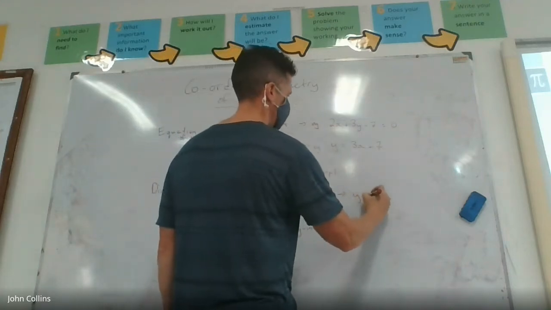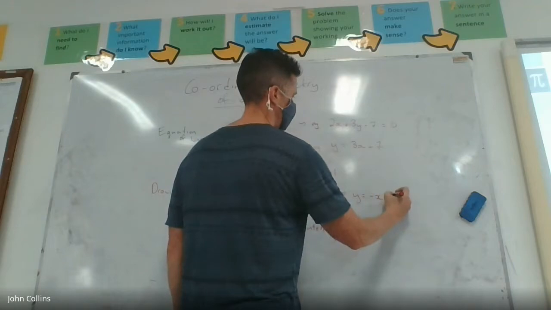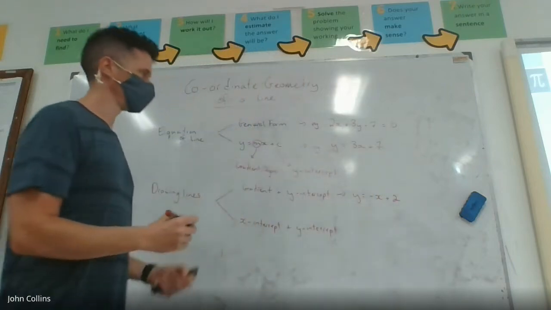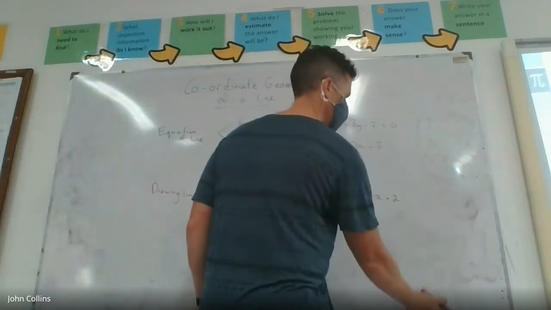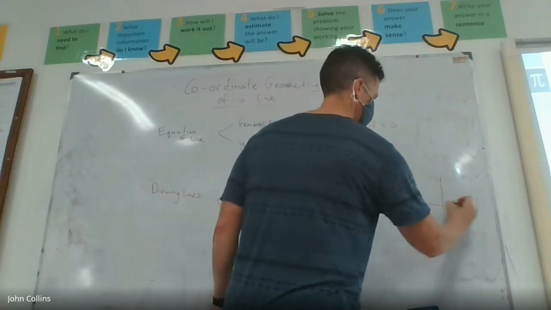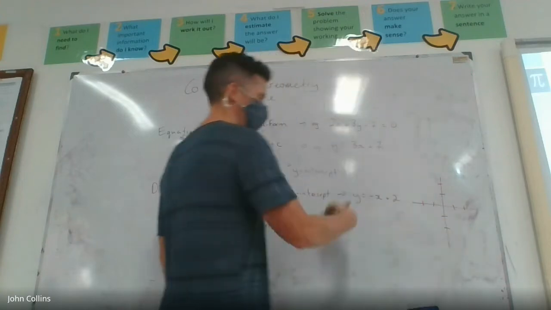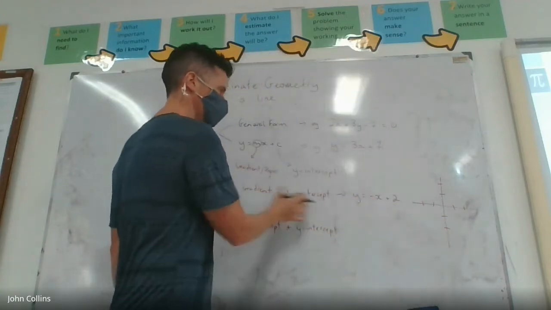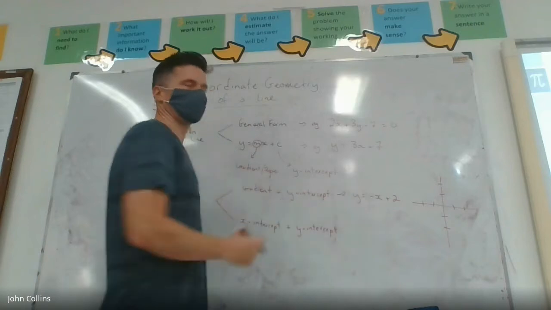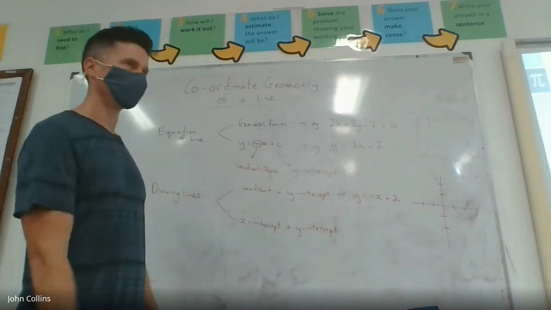So y is equal to minus x plus 2. I'll just do a very quick sketch of that over here. I have enough information to draw a sketch already. When it's in this form, it's easy to read the gradient as minus 1 here, because there's no number in front of x, but it would be multiplied by 1.